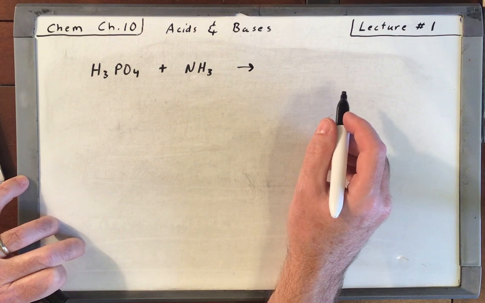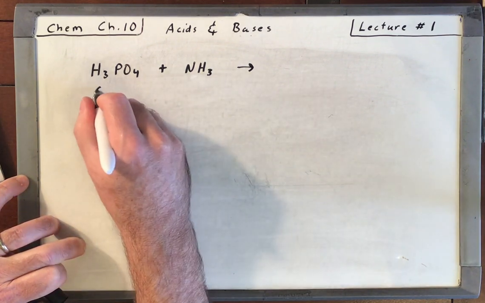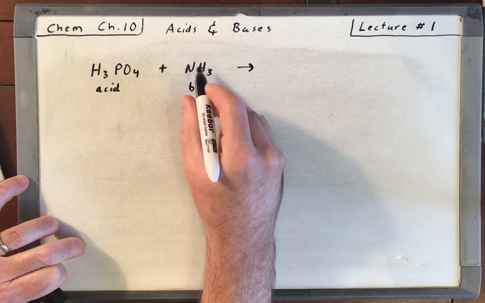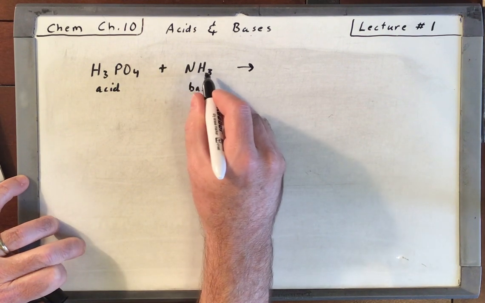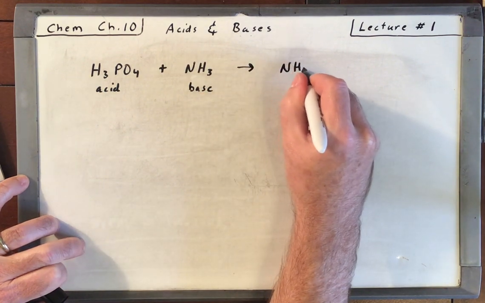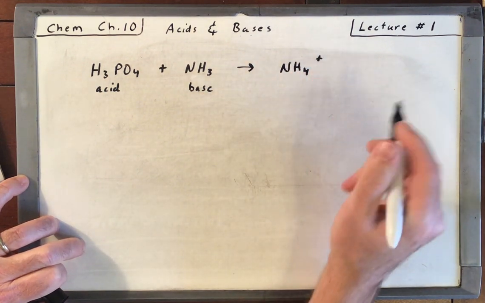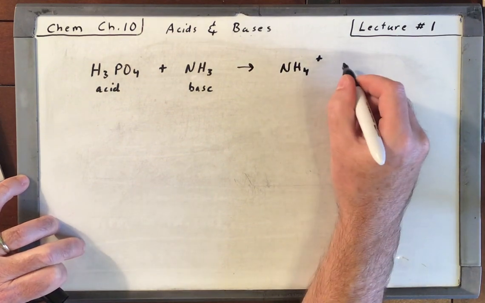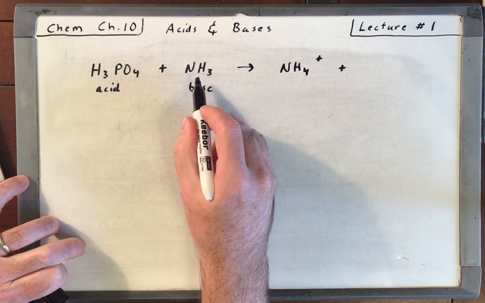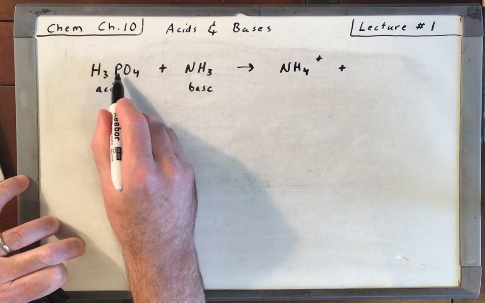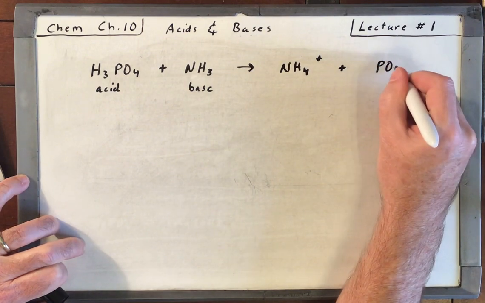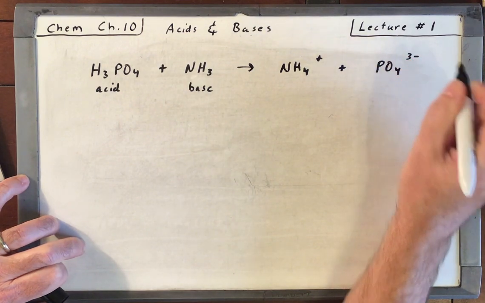Well, what are the 2 ions going to be? Well, if this is the acid, H3PO4, NH3 is the base, then NH3 is going to gain a hydrogen. It's a base, so it would go to NH4 plus. Ammonium, one of those polyatomic ions you had to memorize. Okay, what's the other ion? Well, you just take the ion part away from the hydrogens, and you'd have PO4 3 minus.